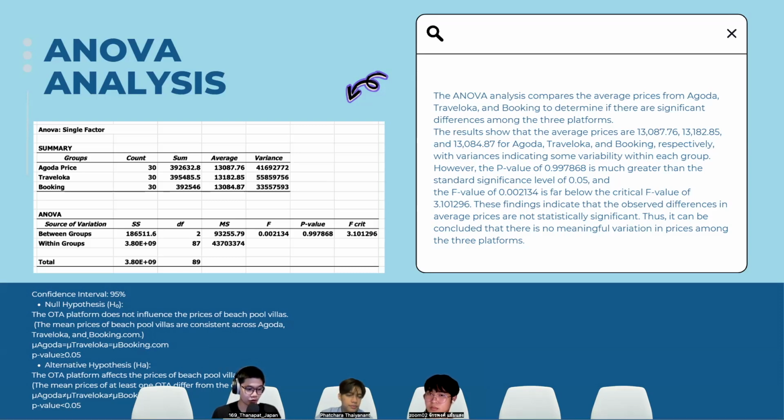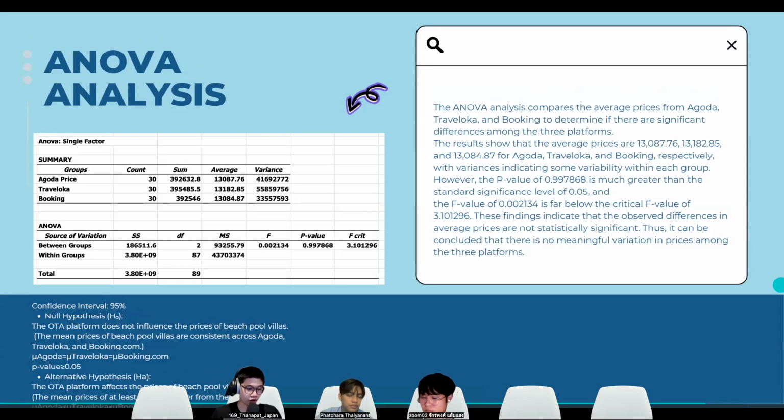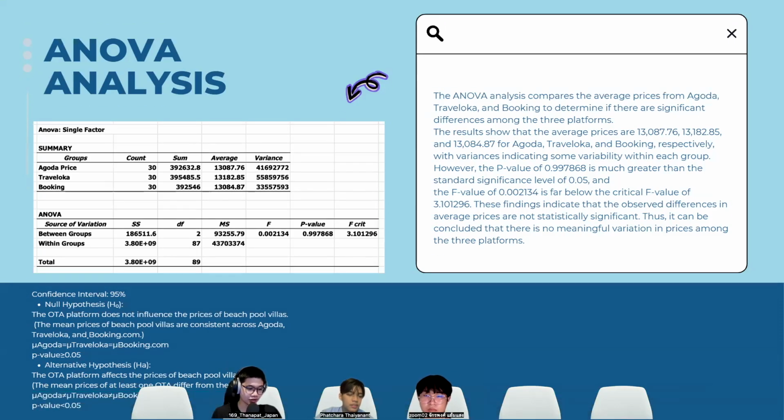And the p-value must be greater than or equal to 0.05. The alternative hypothesis is that the OTA platform affects the prices of beach pool villas, or the mean prices of each OTA differ from the others. And the p-value must be less than 0.05.